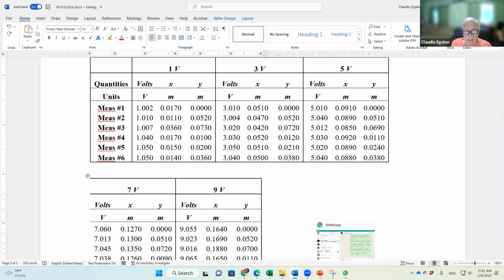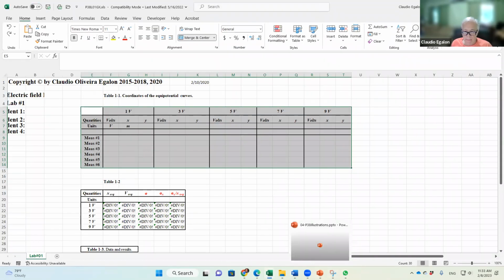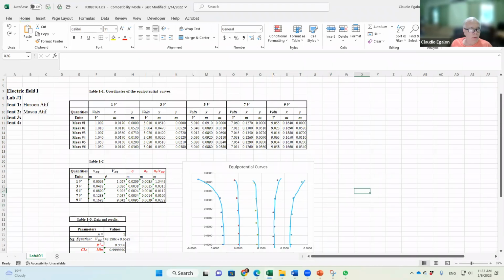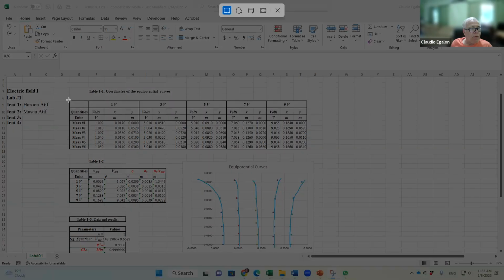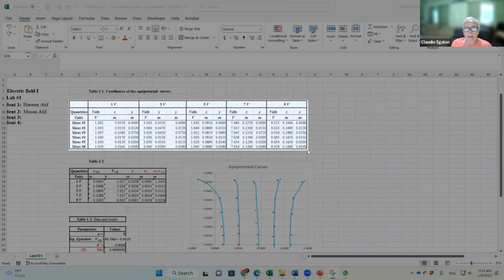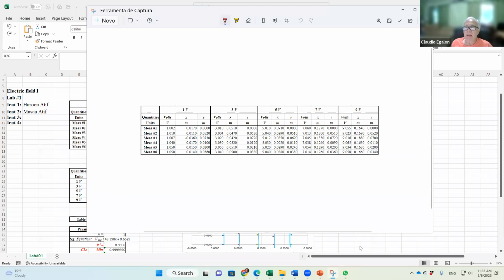There's another way of doing that. I'm going to do the other way so I don't struggle here. You can also use the snipping tool, copy, and paste it there as a picture.